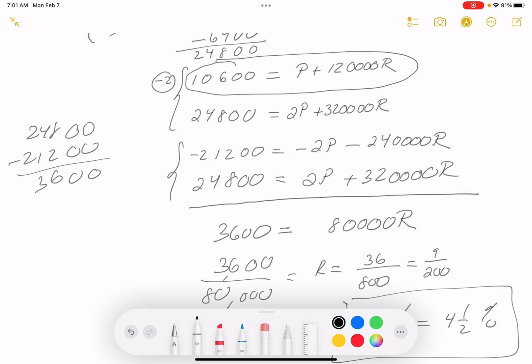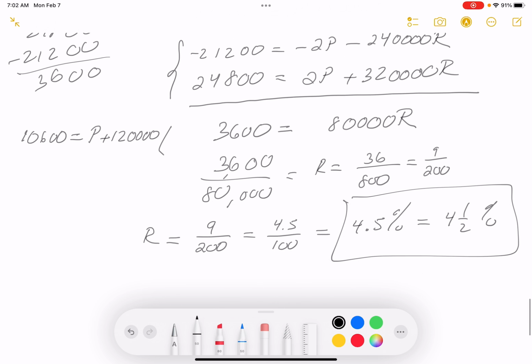So I'll write that down. It's going to be 10600 equals P plus 120000. And what's the R? Well, the R is 9 over 200. All right, so it's going to be 10600 equals P plus, well, I'm going to divide by 100, makes it easier for me, by the way.